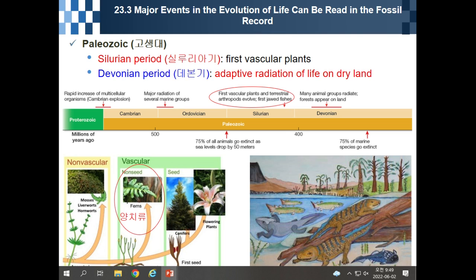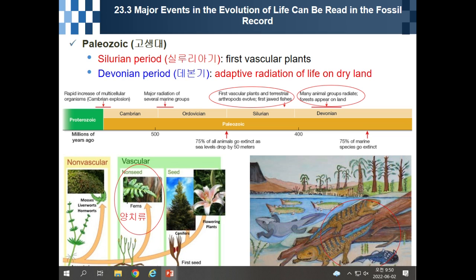And also Devonian period, okay? So in the Devonian period, there is lots of oxygen in the atmosphere. So oxygen becomes the ozone.